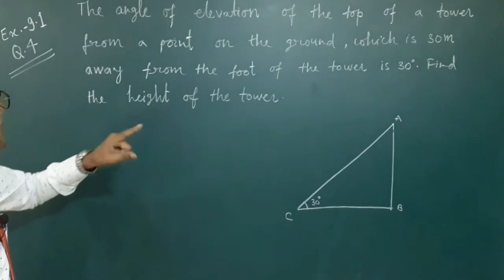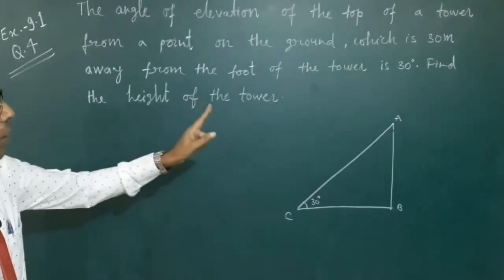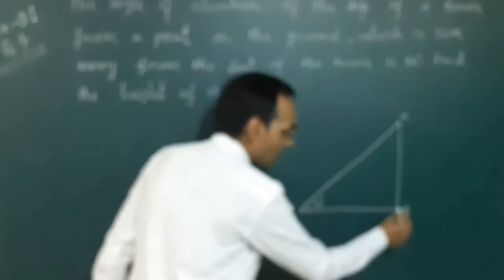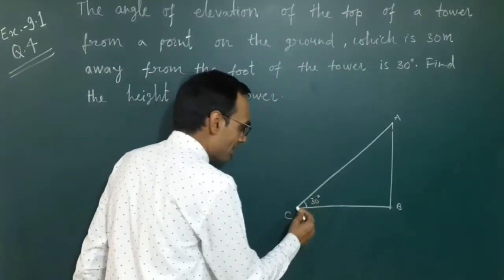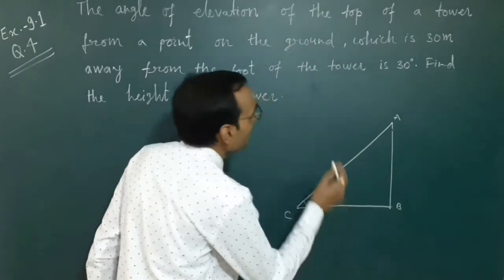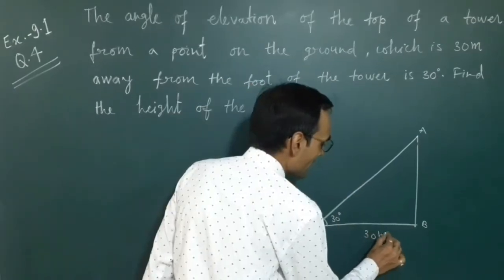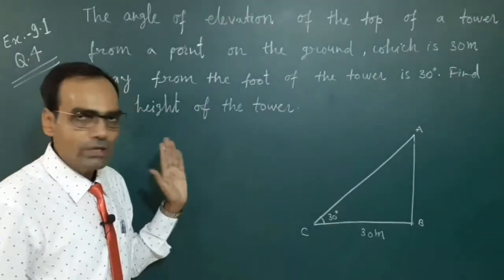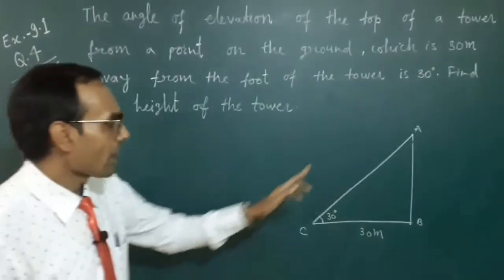And this point is 30 meters away from the foot of the tower, which means the distance CB or BC is 30 meters. It is given. So this is the figure of the given problem, and now we have to find the height of the tower.